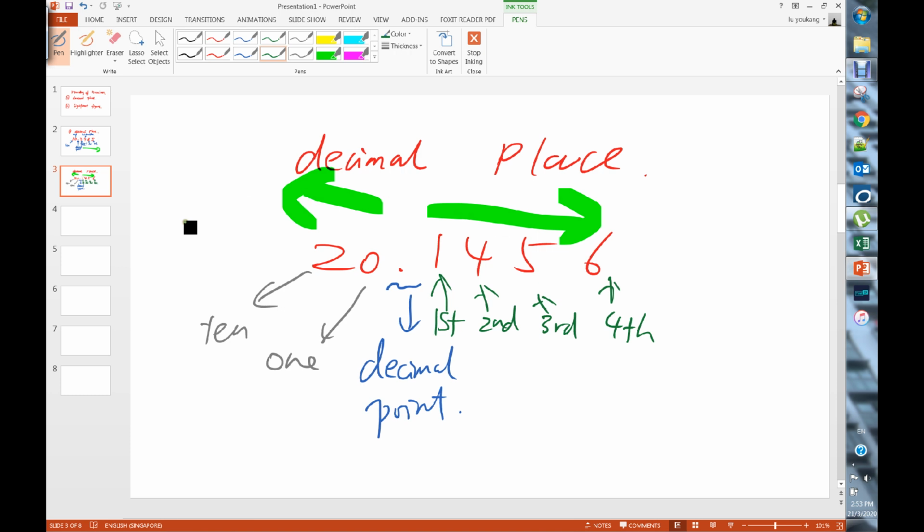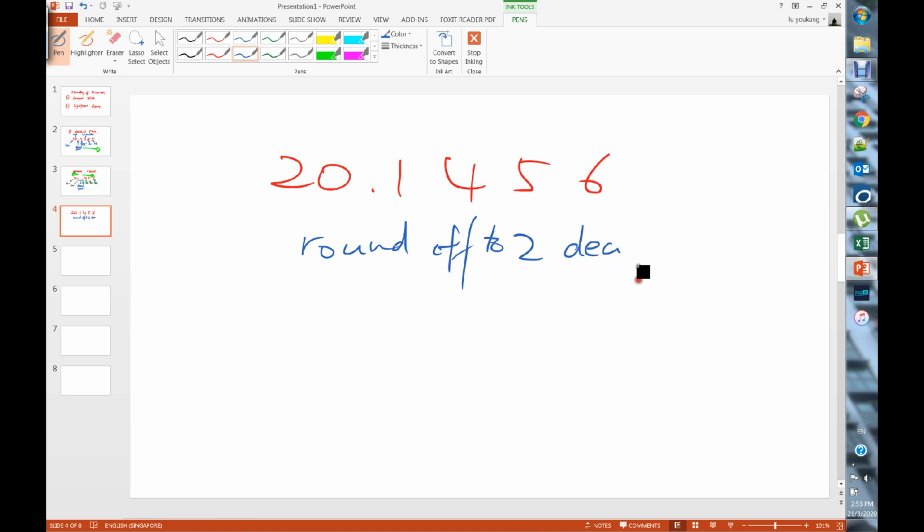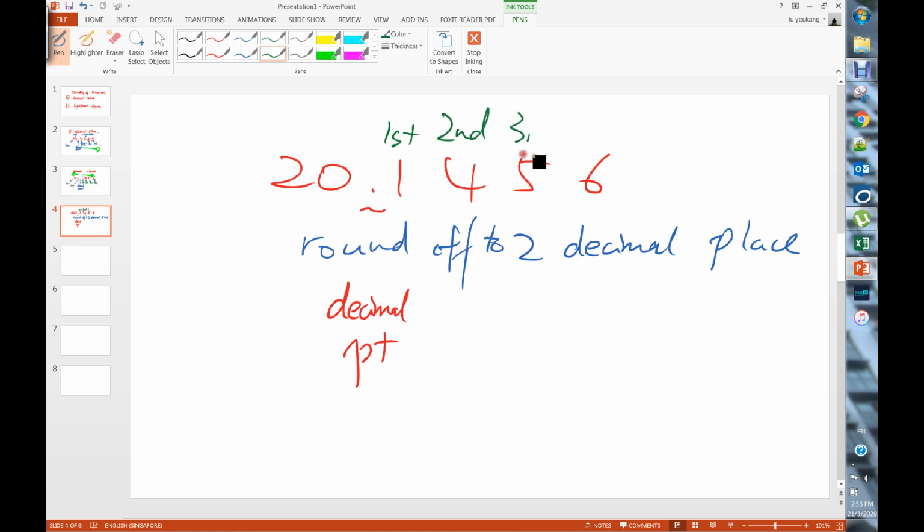Now the question is, we need to round off. Let's say we need to round off to 2 decimal place. The same thing, we need to identify the decimal point, then identify the first decimal place, second, third, and fourth.